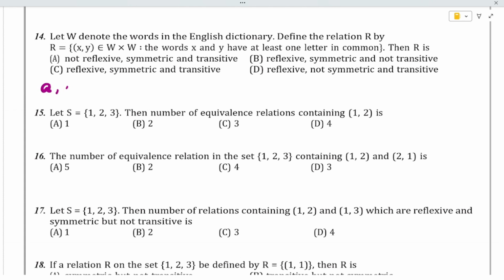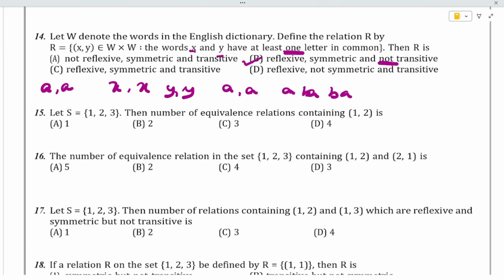If you take X and X, Y and Y, they will have one letter in common. So it is reflexive and symmetric. If (A, B) is there, then (B, A) should be there, that is the reverse. So it is reflexive and symmetric, but it is not transitive.